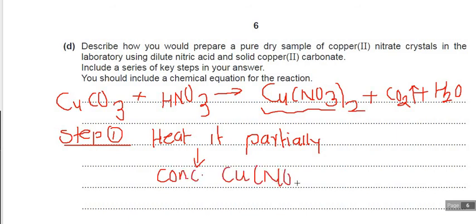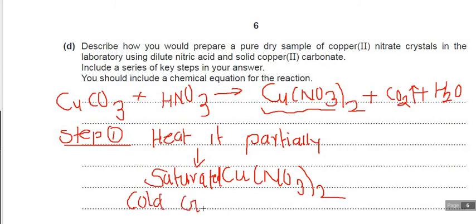Cu(NO3)2. Or we can say that you have a saturated solution, but a small amount of water should also be there. And then here we can perform the cold glass rod test. With the help of that you can check whether the crystallization point is reached or not.